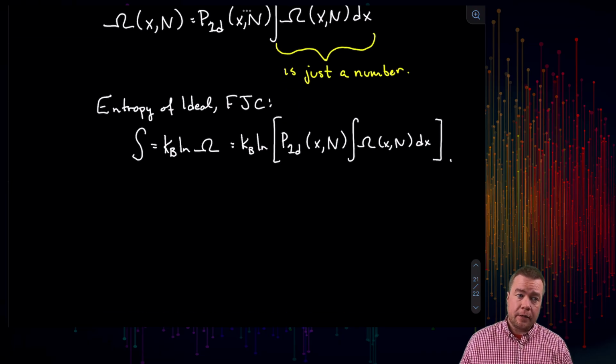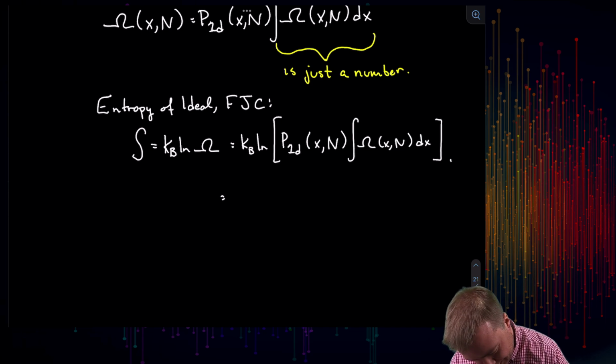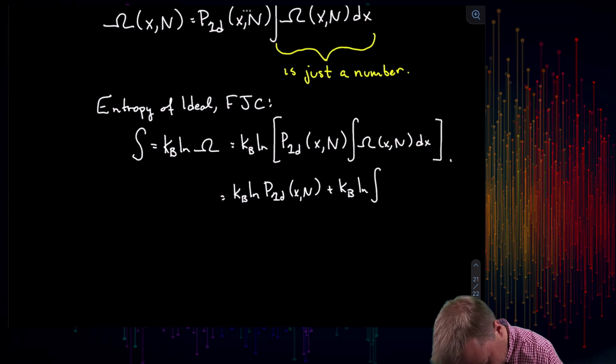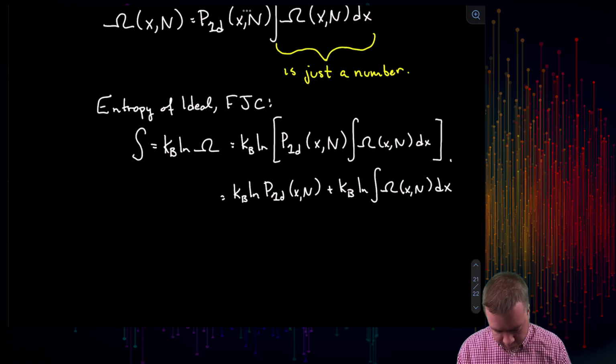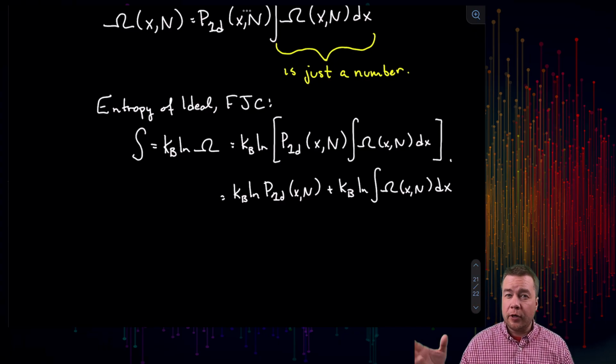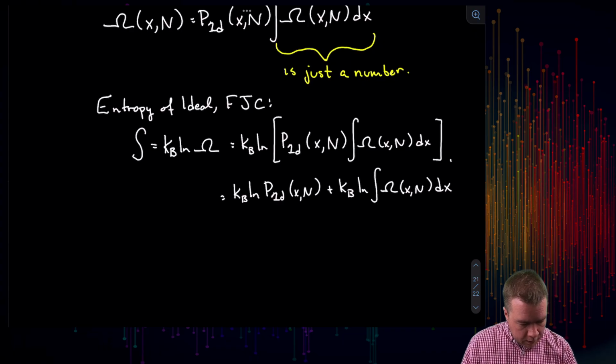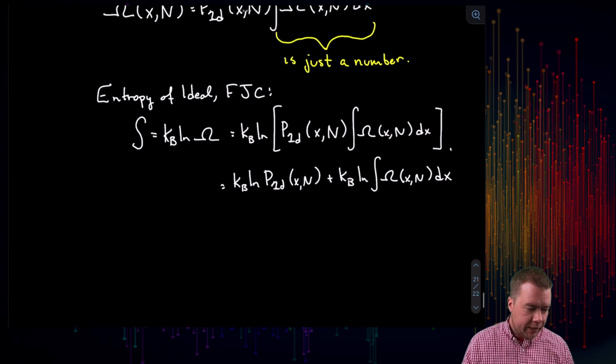Then we'll take the approach of splitting up this logarithm, right? If you have the logarithm of the product of two numbers, that becomes the sum of two logarithms. So this is going to be the same thing as Kb times the logarithm of that probability function plus Kb times the logarithm of whatever this thing is. It looks ugly and like it'll be a real pain for us, but it's actually not that bad because it's just going to be a number and it's going to be grouped in with some constant. Okay, in fact, what we could do is let's put in the probability function.